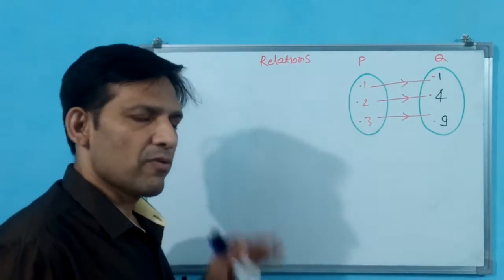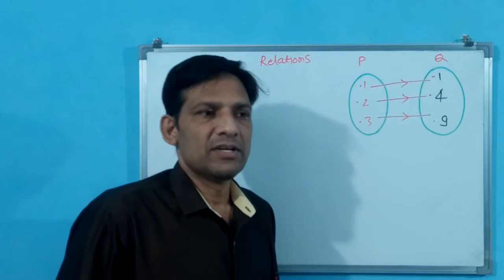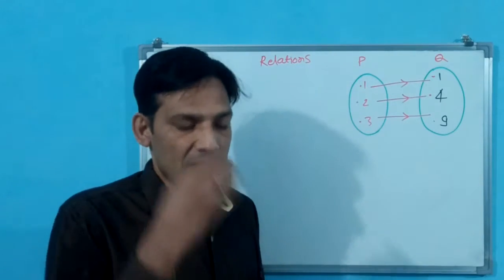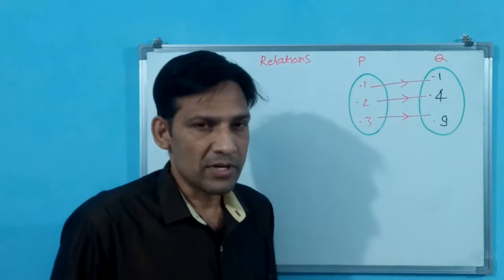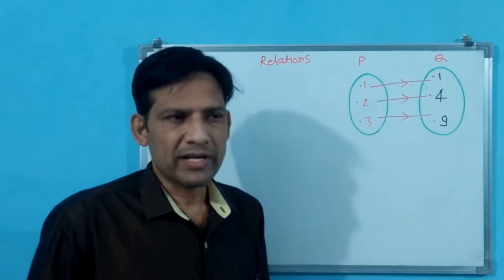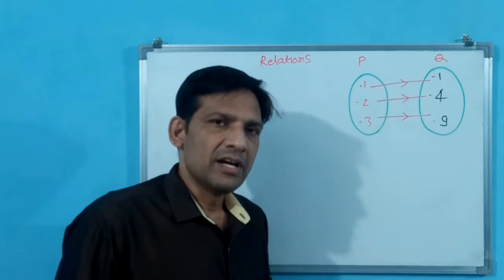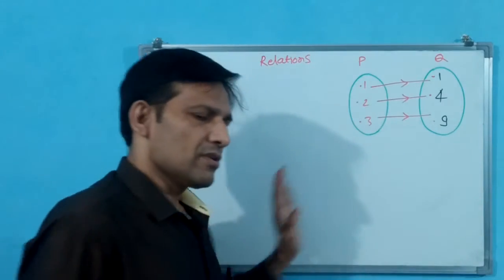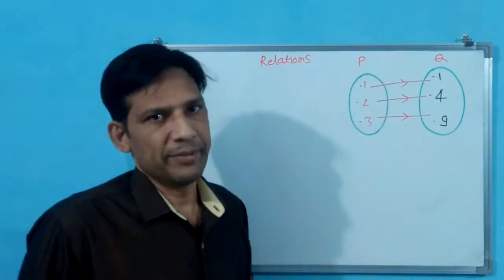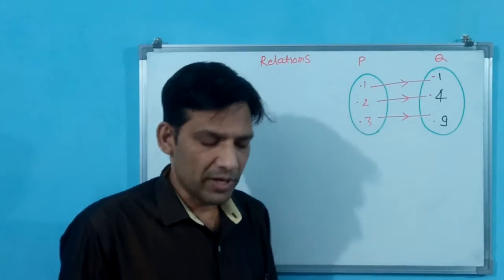See, in the first chapter we have learnt about sets. In the second chapter, first, rather than relations, we have learnt about Cartesian product and ordered pairs. Now relation is also between elements of Cartesian products only.